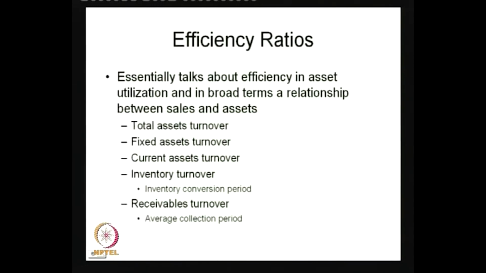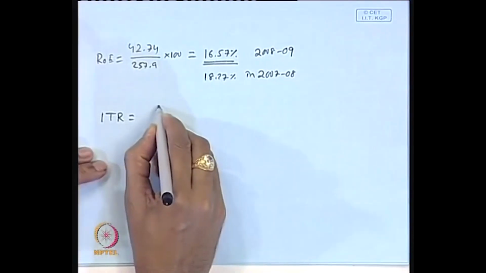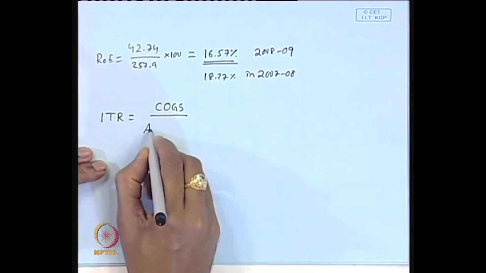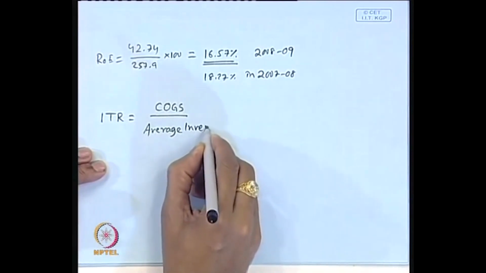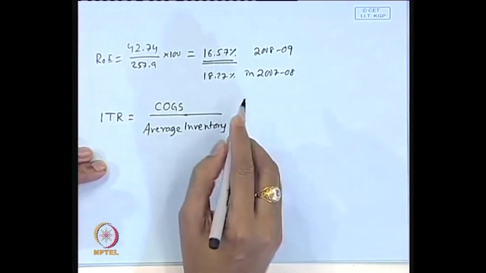As far as these ratios are concerned, we talk about the asset utilization efficiency. Then the next ratio is called the inventory turnover ratio. In the inventory turnover ratio, what happens? We find out the inventory turnover ratio, which is known as ITR, by having the cost of goods sold divided by average inventory, and when you say average inventory, we mean the average of opening stock and closing stock.